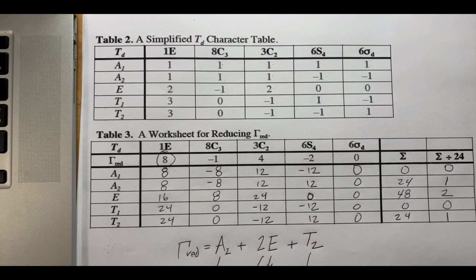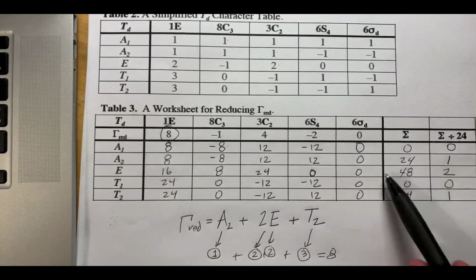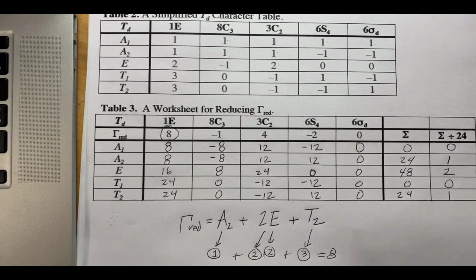What is awesome about this worksheet method is that if anything comes out strange here, then something has been messed up along the line, because we will either get a 0 or we will get an integer here.